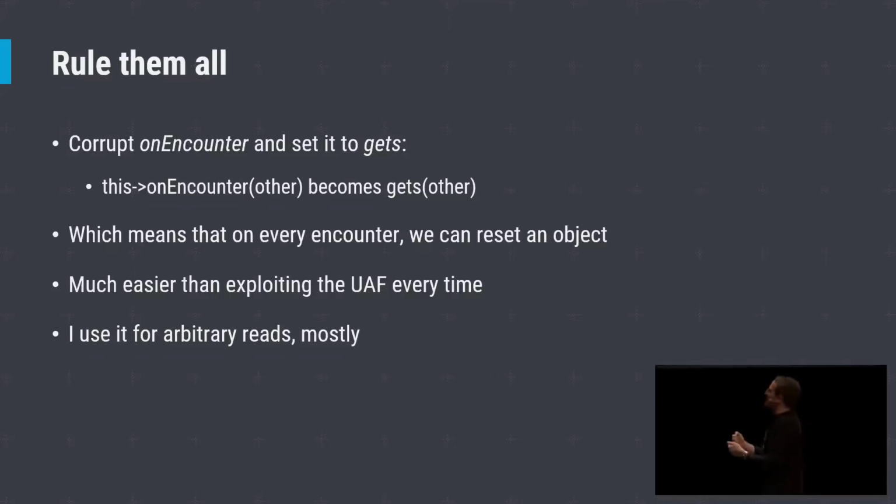It's really cool, since gets receives the first argument that onEncounter would get, which is the person address in memory. So I can send data over the socket, which will write on all the fields, all the attributes of the person instance. And I do that without triggering any other vulnerability whatsoever.